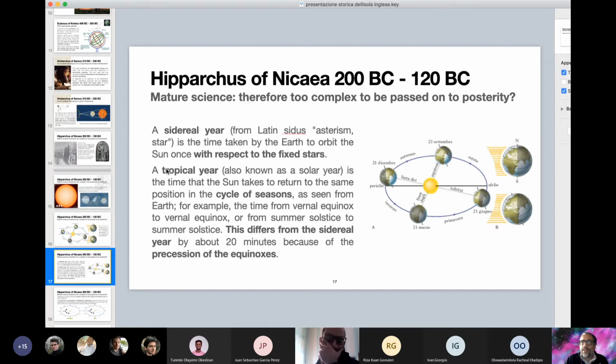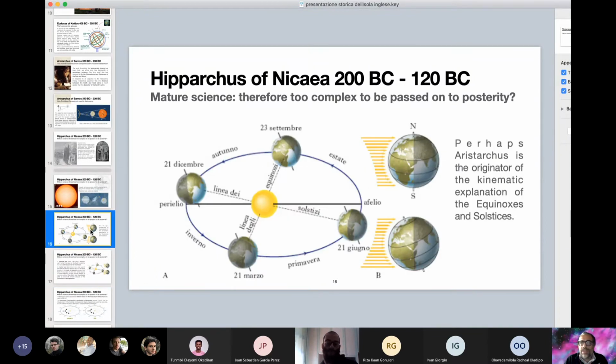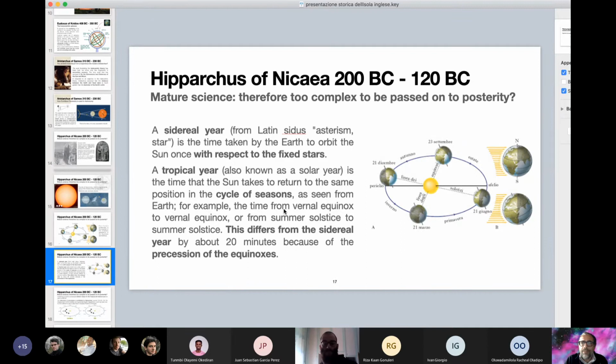A tropical year, which is also called a solar year, is the time that the sun takes to return to the same position in the cycle of seasons, which we have described before. For example, the time from vernal equinox to vernal equinox, or from summer solstice to summer solstice. Okay? But the difference between the sidereal year and the tropical year is 20 minutes.